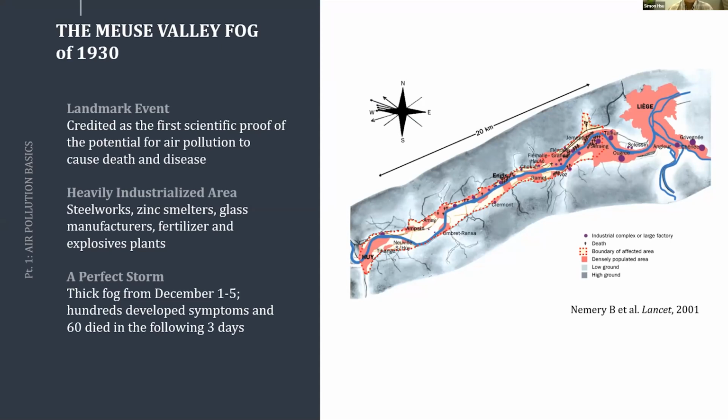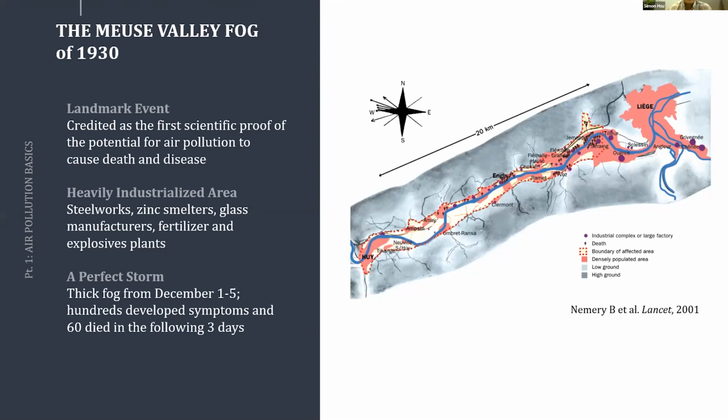And so the Meuse Valley is this region in Belgium, which at the time was a heavily industrialized area. So lots of steelworks, zinc smelters, glass manufacturers, fertilizers, etc. And here in the map on the right, the pink areas are the densely populated areas in this valley.